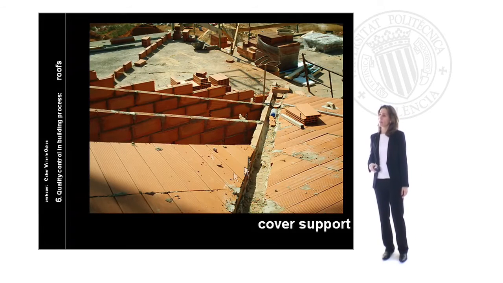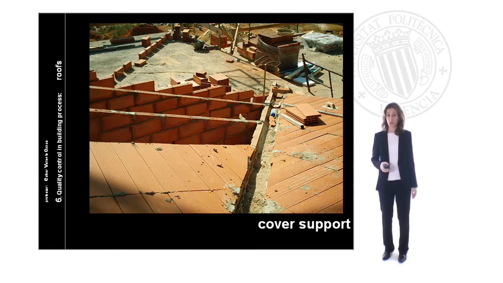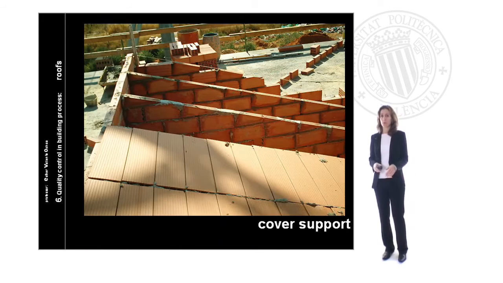The cover support is made with mortar, placing these little ceramic pieces between each parallel piece of wall that configures each part of the pitch in the roof. Cover support includes standard pieces that have the same dimension as the space we have left between each part of the little inclined walls.